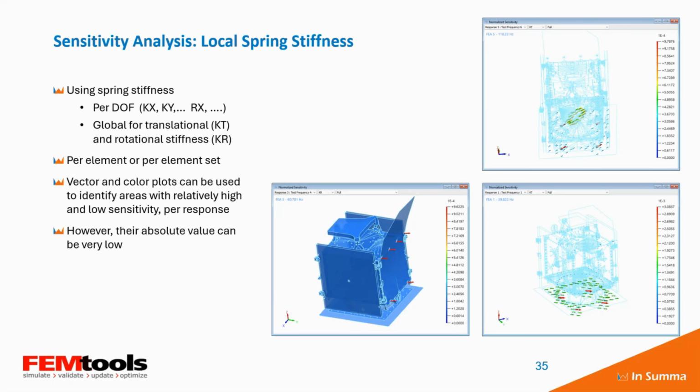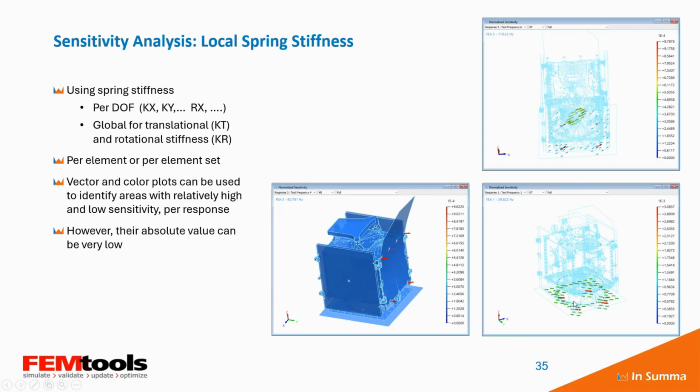So obviously, knowing that there are a lot of springs in here, we start by looking at springs, and you can see here a sensitivity analysis for local spring stiffness. Clearly for the tank modes, we have sensitivity at the connection with the base plate.